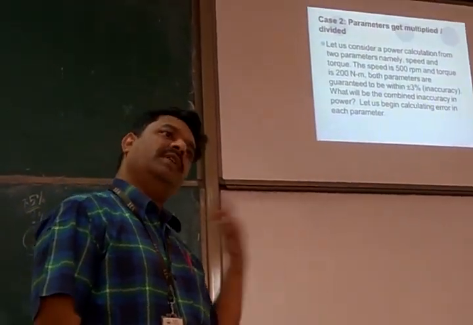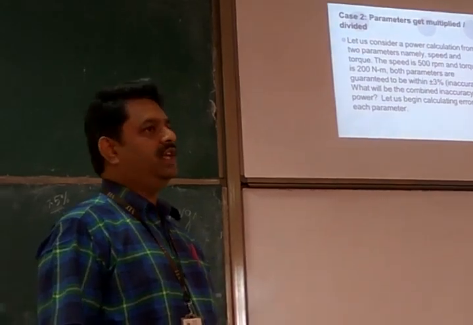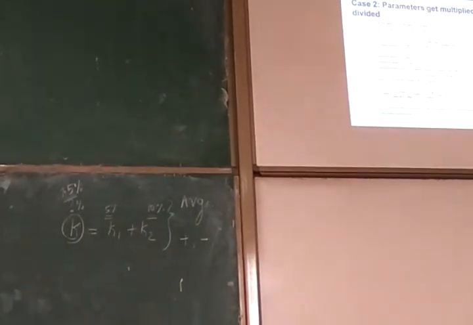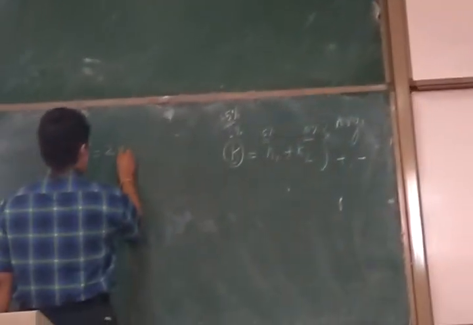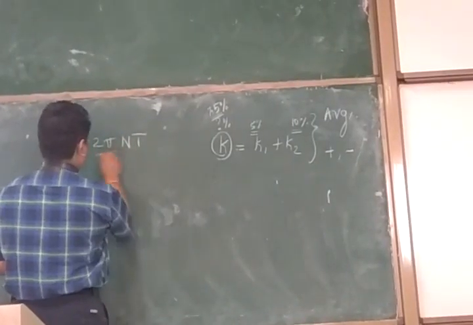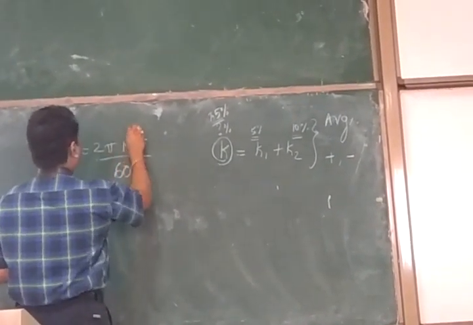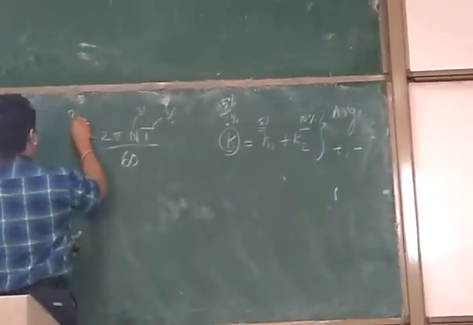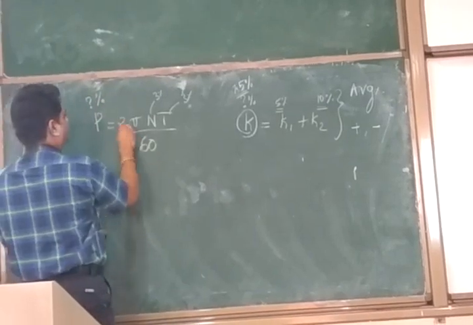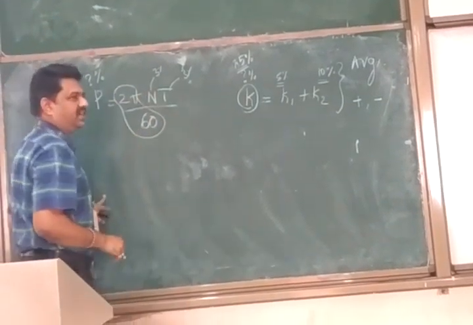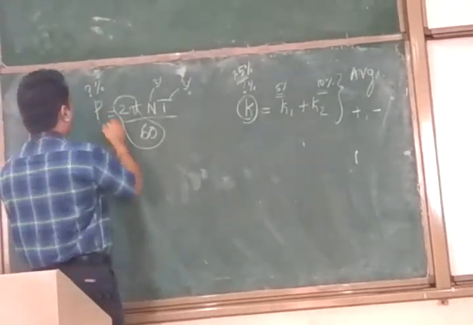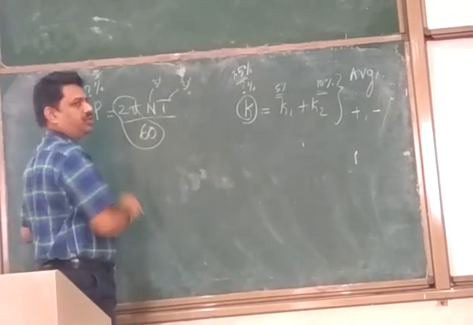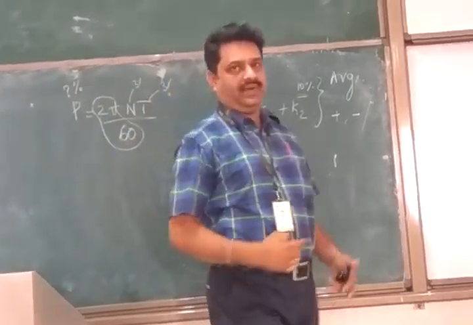If that's the case, what will be the uncertainty that is attached to the power? So power P is 2 pi N T by 60. This is with 3%. This is with 3%. Of course, these are all constants. There is no uncertainty attached to it. What percentage of uncertainty will be attached to the power is the question that we have here.